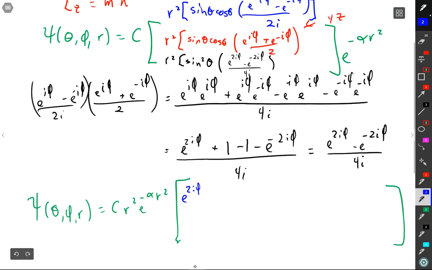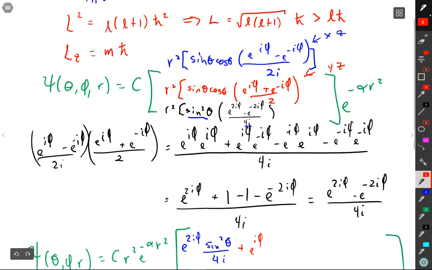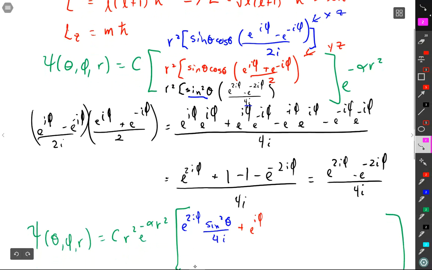Well, e to the 2i phi was multiplied by sine squared theta over 4i. Right, this is the sine squared theta, there's the 4i. Plus e to the i phi. And if I look at e to the i phi, it occurred two places. Both of them were multiplied by sine theta, cosine theta. One was divided by 2, one was divided by 2i.